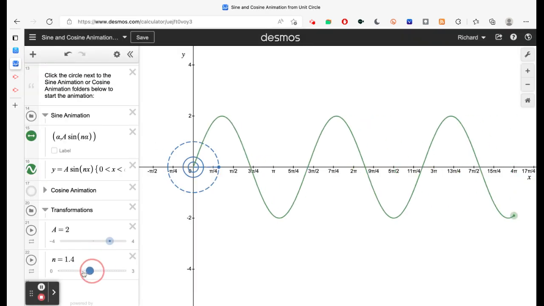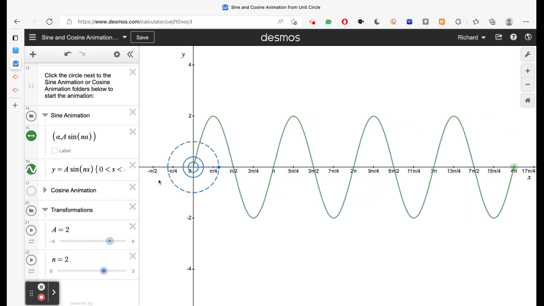If I let n equal 2, we're going through the values faster, so it's a shorter period, and 2 pi divided by 2 is equal to pi. And we can see that's repeated here. We've got one cycle to pi, and the next cycle is 2 pi, then the next cycle is 3 pi. So each of these is pi in length. And that's what the value of n does to our function. It changes the period.